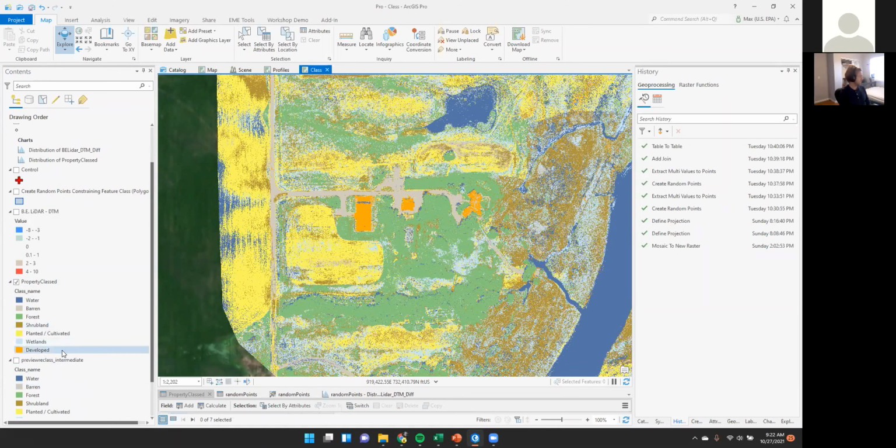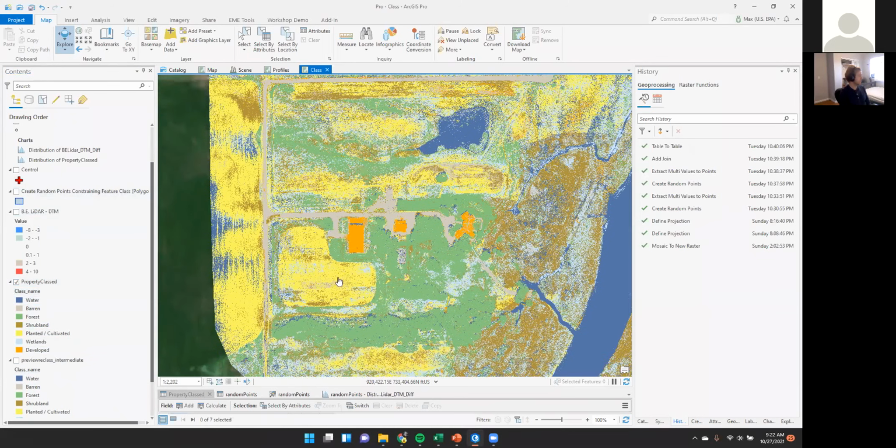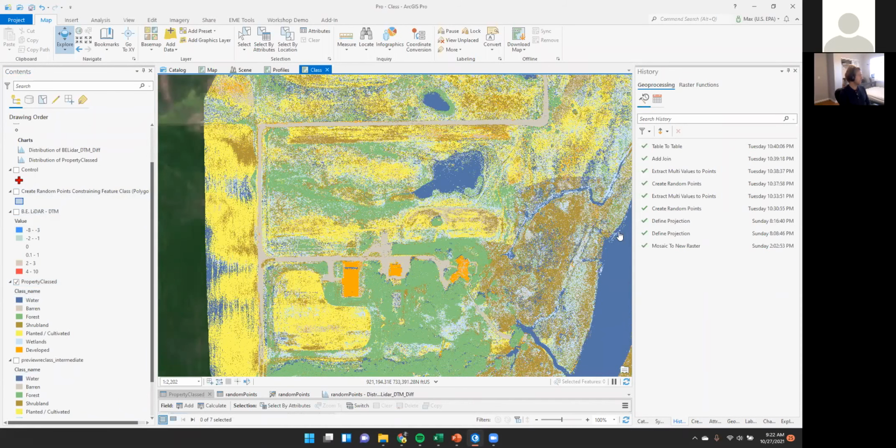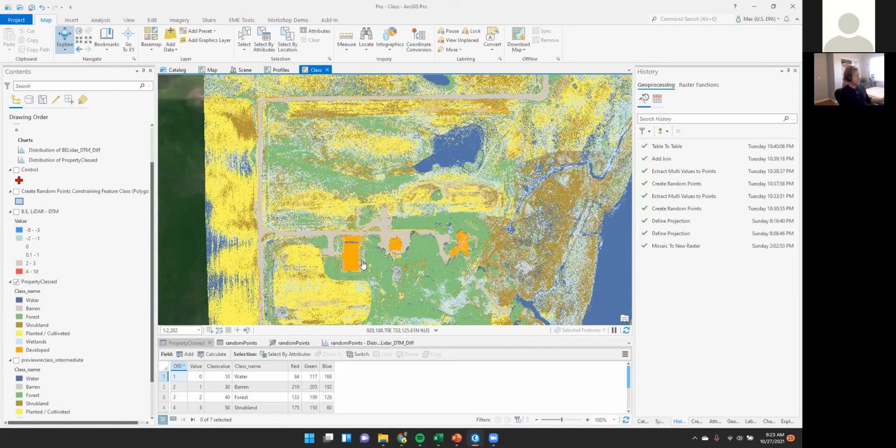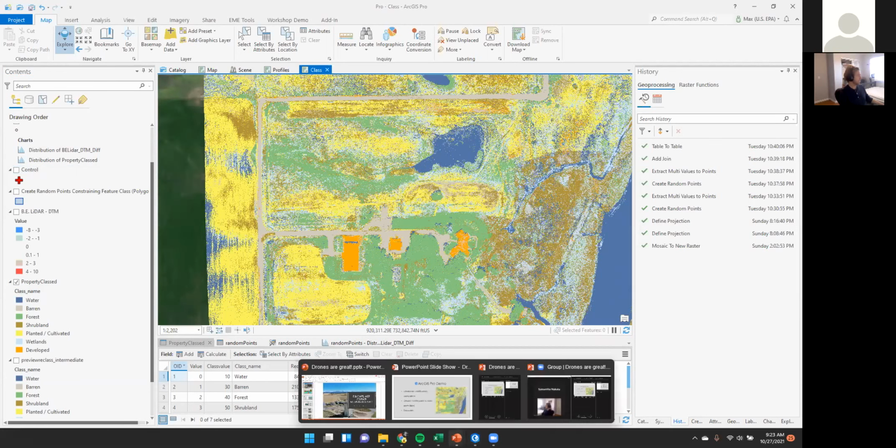And then wetlands and developed, right, which are pretty much just limited to these buildings here. So after grabbing these and generating my random points, extracting the raster values from my two rasters, being this classification classes and the difference, I then had a bunch of data to play with and show some statistics.